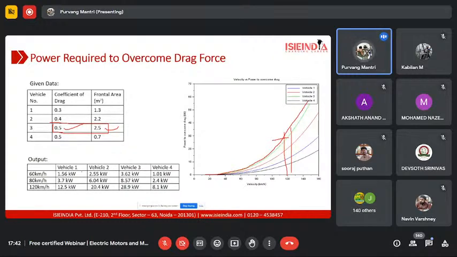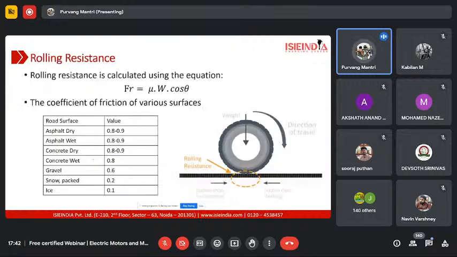The next resistance that is acting on a vehicle is the rolling resistance, which is nothing but the friction between the tire and the road surface, where the tire is contacting the road surface. That resistance can be calculated using a simple formula: Fr is equal to mu W cos theta.